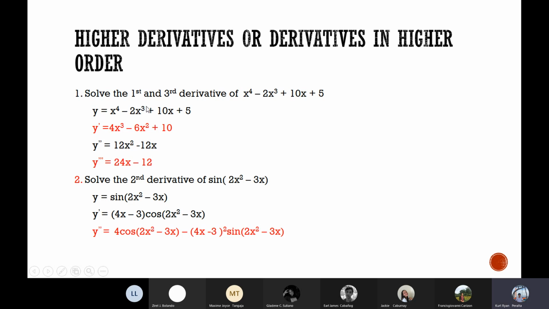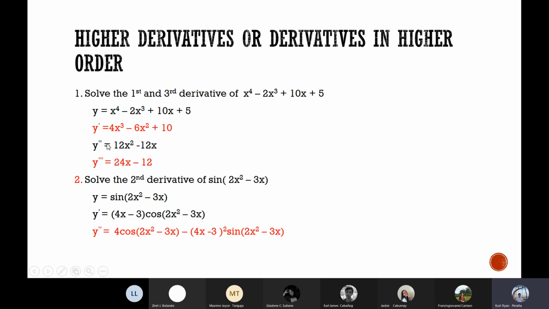Then 3 times 2 is 6, so 6x squared. The derivative of 10x is 10, and the derivative of a constant is 0, so it cancels. So we have the first derivative.